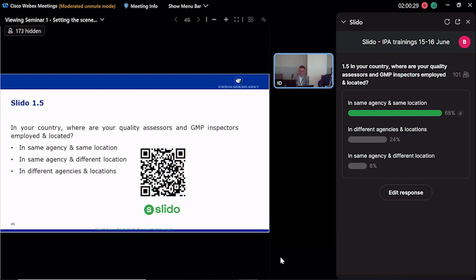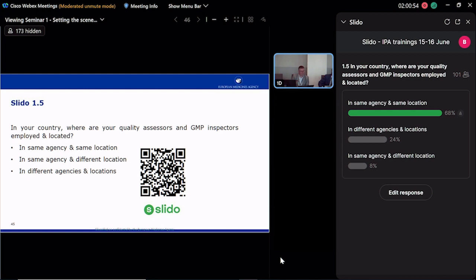This is really important because, as I said on that last slide, the communication between quality assessors and GMP inspectors is absolutely crucial to effective lifecycle management and for sharing of information. It's easier to do when you're located in the same agency and in the same building.